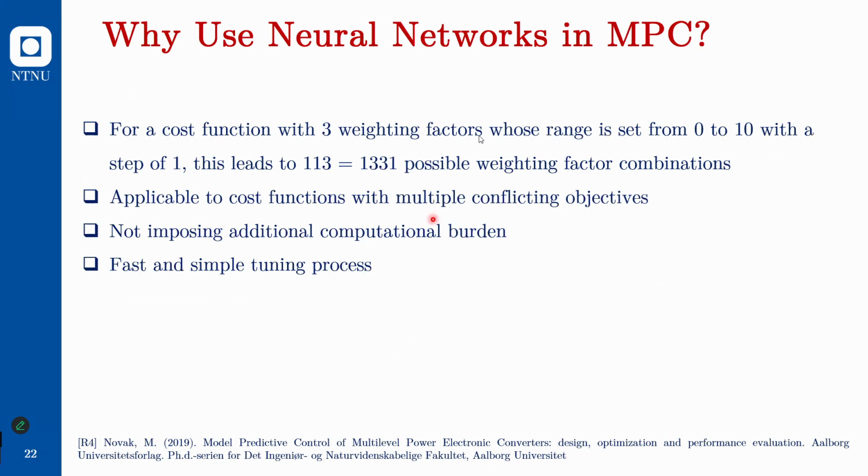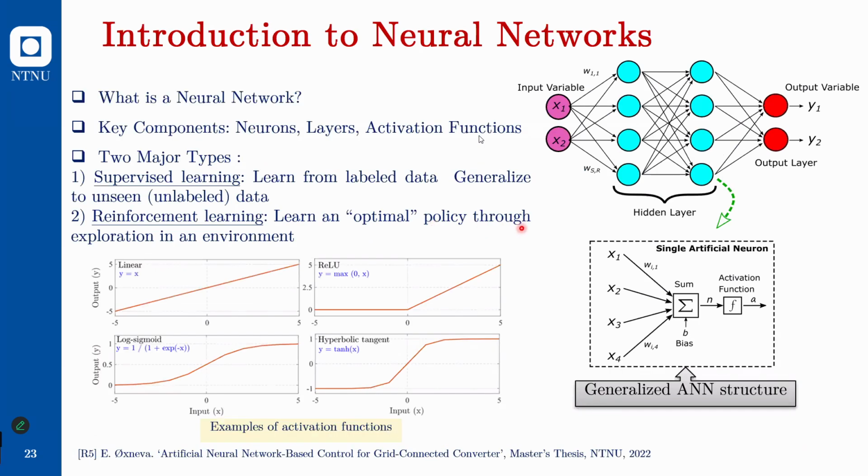So before jumping into the problem, I will give you a brief introduction about the neural network, how it works, and what kinds of types exist. So the first question is, what is a neural network? If we ask a data science researcher, they will say it's the same thing as the human brain. But for us, the power electronics control people, it is just a function approximator.